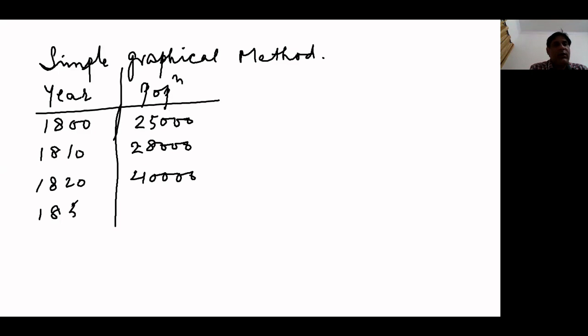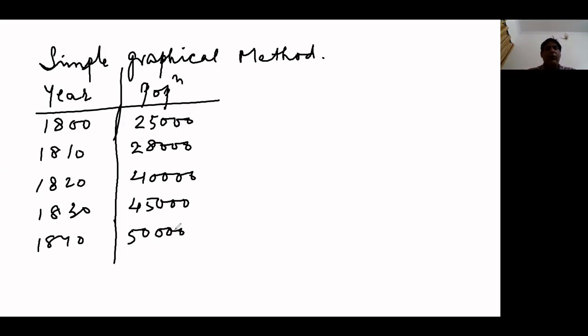In 1830, the population was 45,000. And in 1840, the population was 50,000. What we do is we plot a curve. We plot a curve with population with respect to the year.